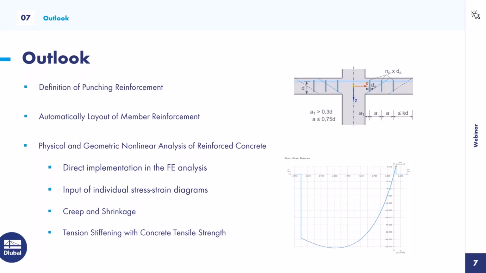To summarize, with this new development of the nonlinear reinforced concrete analysis, it will be really possible to design structures in the future in RFEM 6, which was not possible in RFEM 5. So this will be really a big topic, and we are looking forward to releasing it this year.